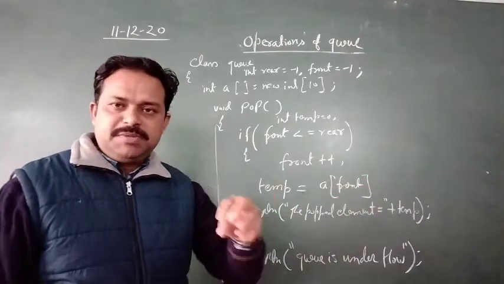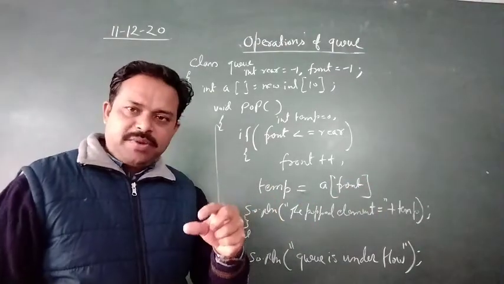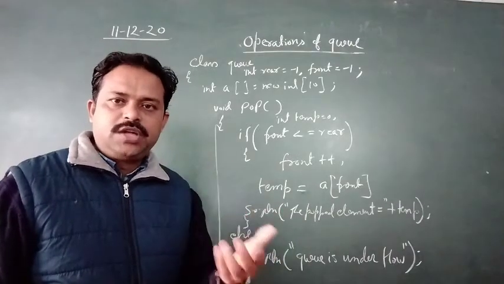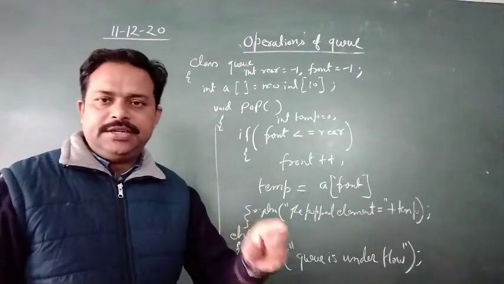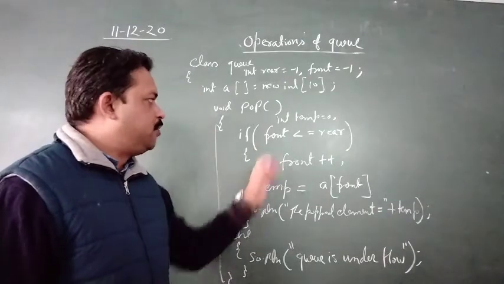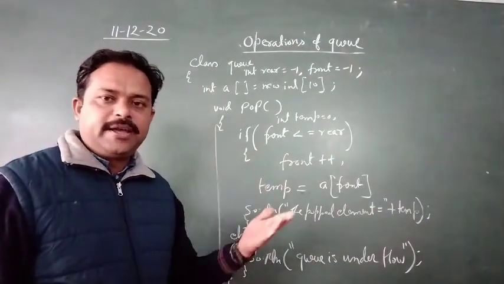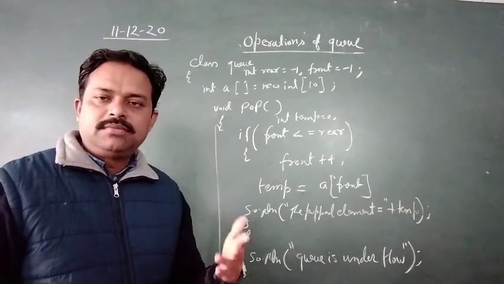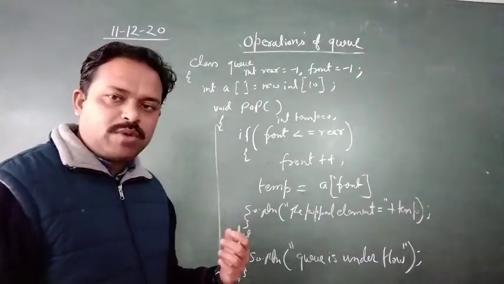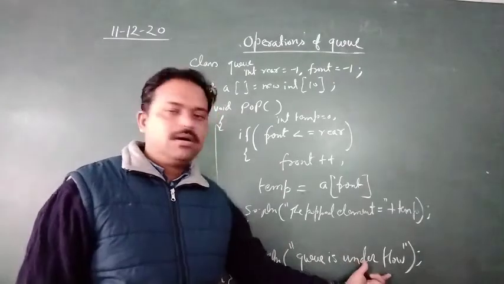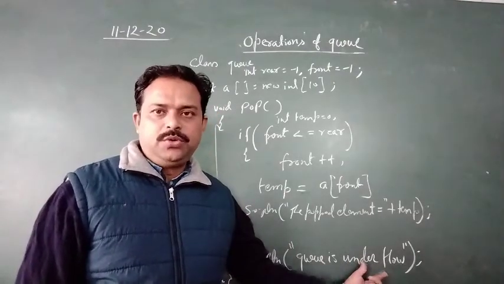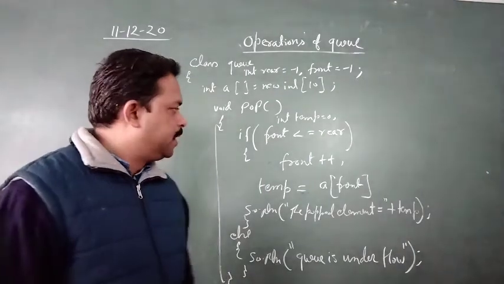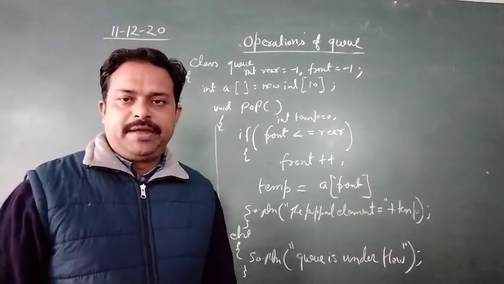This means this element has been deleted, and I am showing to the user that this element has been deleted. If you are calling this function again and again, a time will come when the array will become empty. So I have displayed one message, Q is underflow. Okay, let us make one more function, display.